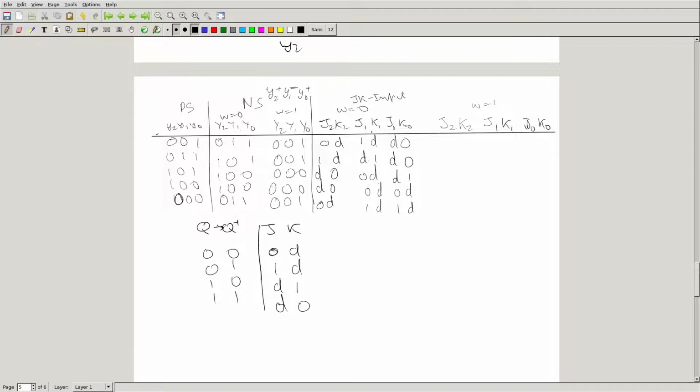Okay. And then we can do the same thing for W equal to 1. For 0 to 0, we need 0D.